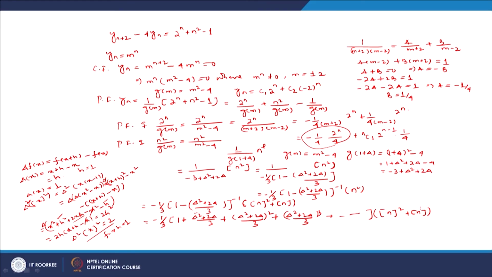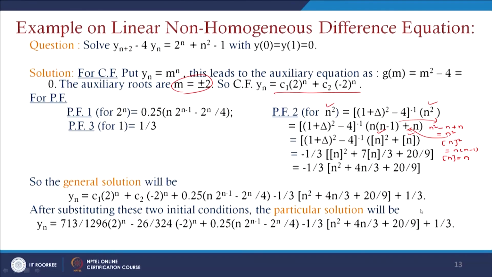So if you eliminate all these operators, then you can find this operated value as bracketed n square plus 7 n by 3 plus 20 by 9 here. And finally, you multiply this by minus 1 by 3 into bracketed n square.